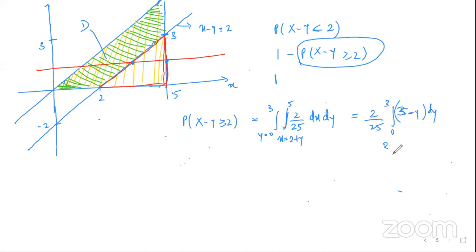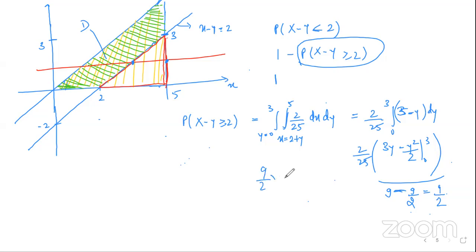So it will be 3y minus y square by 2, 0 to 3. So this becomes 3 times 3, 9 minus 9 by 2, right? So this comes out to be 9 by 2. So 9 by 2 times 2 by 25 comes out to be 9 upon 25.